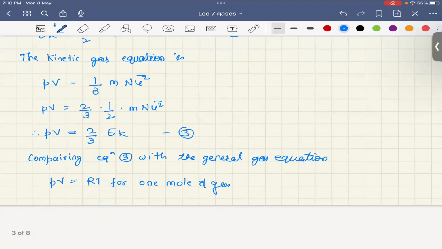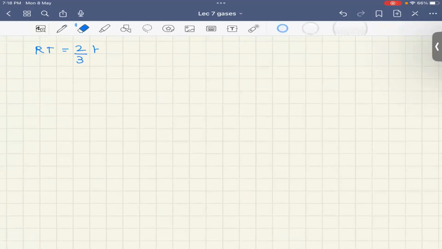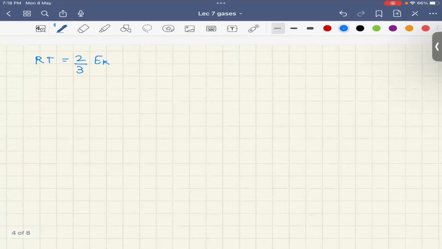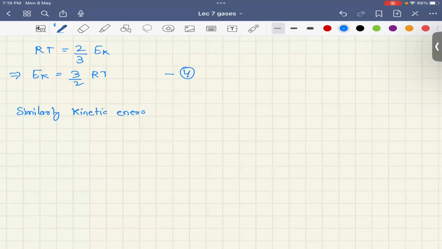Hence, RT is equal to 2 by 3 Ek, or in other words, Ek is equal to 3 by 2 RT. Let's say this is equation 4. Similarly, kinetic energy for n moles of the gas is Ek equals 3 by 2 nRT.